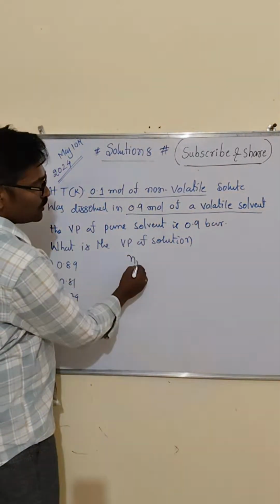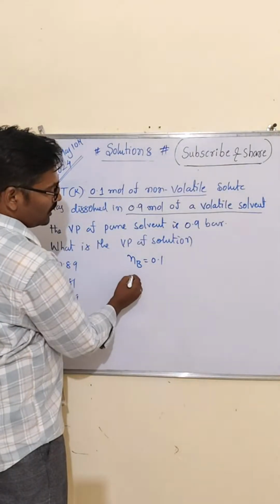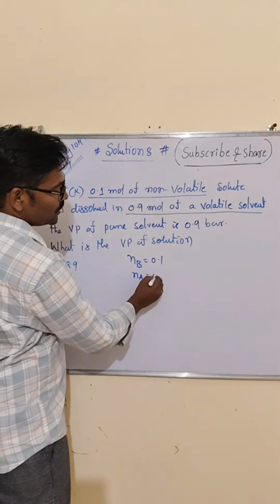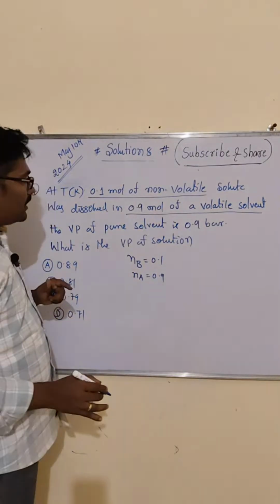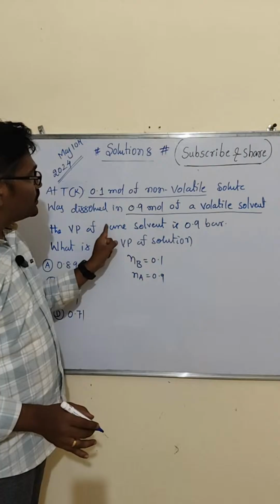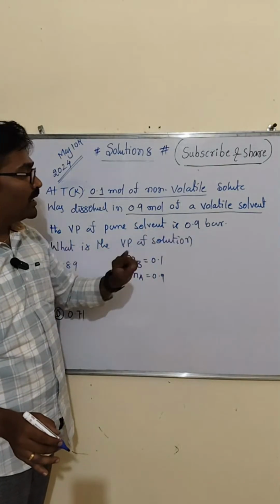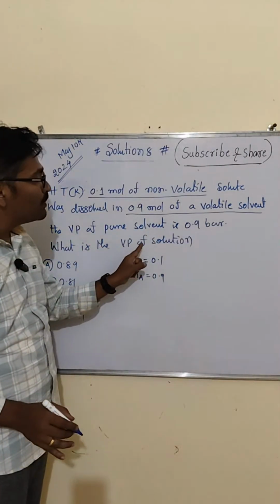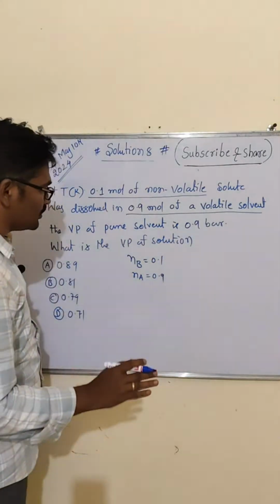So the number of moles of B is 0.1 and the number of moles of A is 0.9. Clear? Then the vapor pressure of pure solvent is 0.9. What is the vapor pressure of the solution? That is the question.